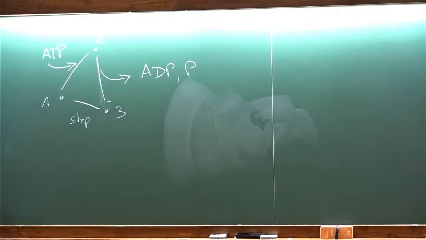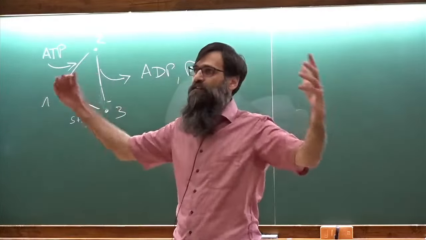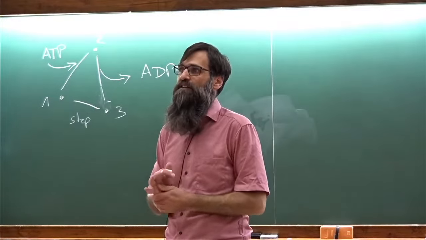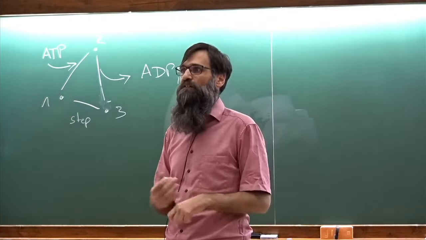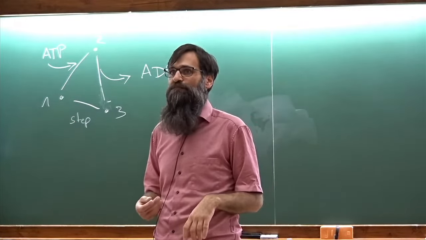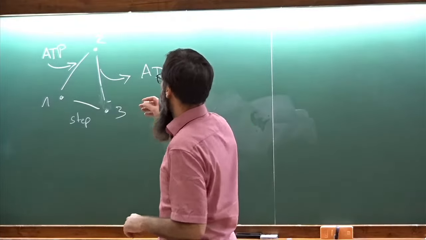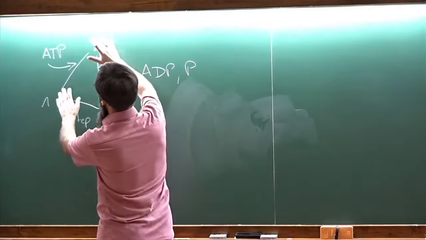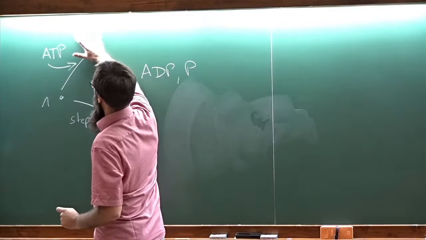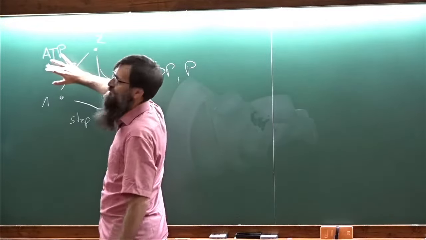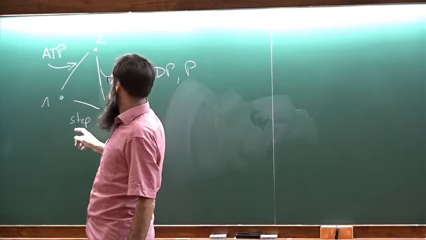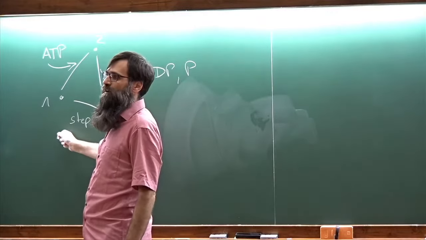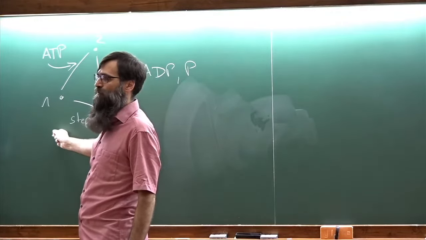Now I want to use the detailed balance condition and some additional assumptions to put some constraints on this equation that I just had, where we have this product of rates along the cycle. Okay, and the first thing that I do is I just consider the step. I assume this isn't there. I just have the transitions between 1 and 3. Okay, so I have a forward transition and a backward transition.